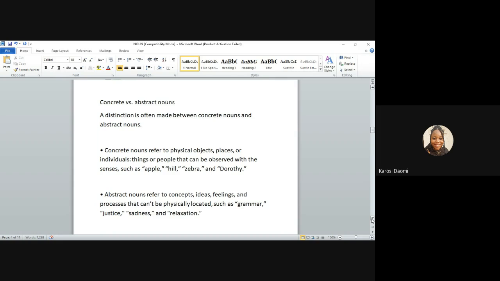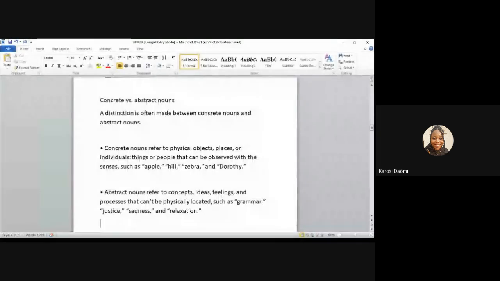Same thing with emotions: sadness, happiness, joy, or whatever emotion you're feeling at that point. It's a feeling. It's not something you can see. Sometimes it's hard to express or even articulate your emotions. Sometimes when someone asks you, how are you feeling at this moment?